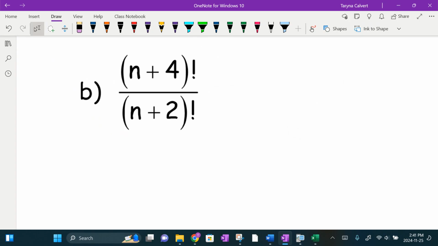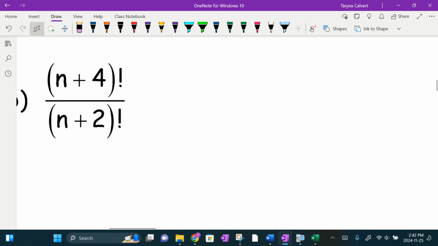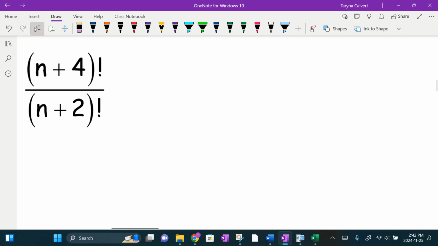So does expanding the bottom make sense? Think about it this way, guys. You're always expanding the bigger one. Because can you make the bigger one become smaller? Yes. So think about which one's actually bigger. Because when we're dealing with factorial, we're going down. You guys agree? So I have to expand the bigger one. So n plus 4 is bigger than n plus 2. That one I can expand to make it look like the bottom. So I'm starting with an n plus 4.